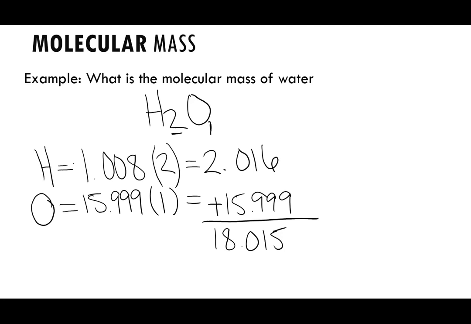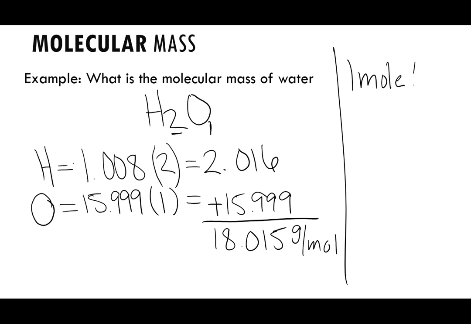And then again, the units for this are grams per mole. Or another way to say this is 1 mole of water equals 18.015 grams. Okay. So that's molecular mass of the compounds.